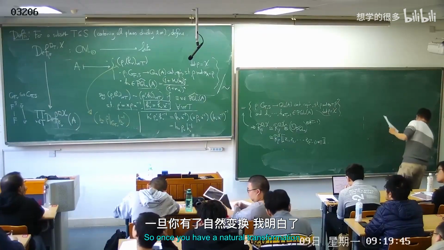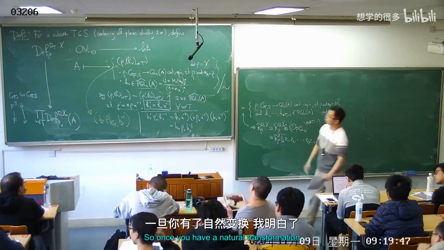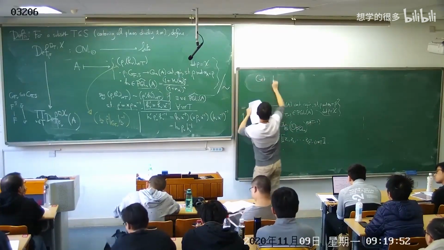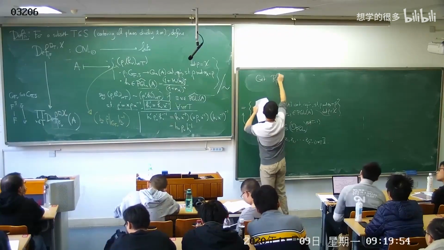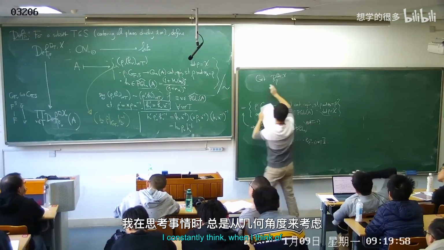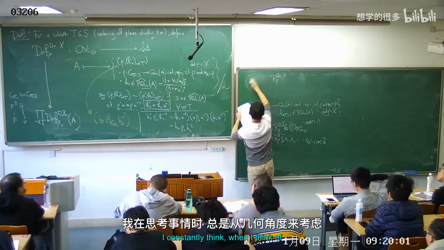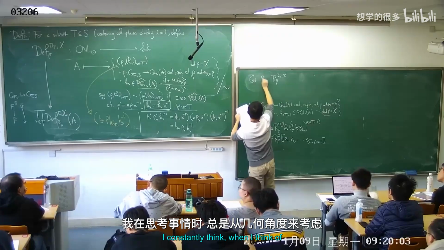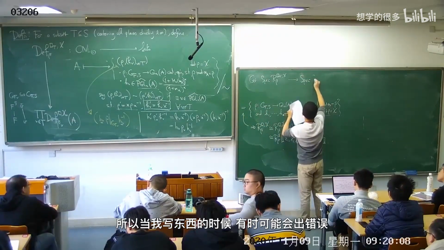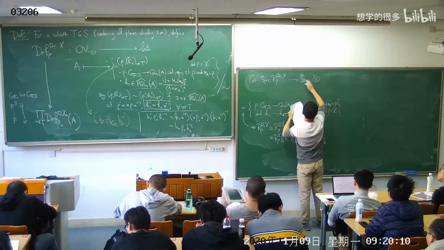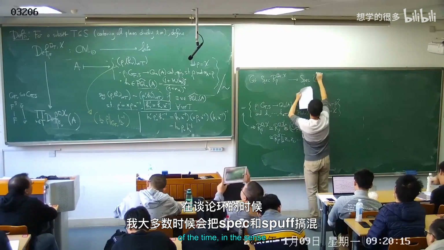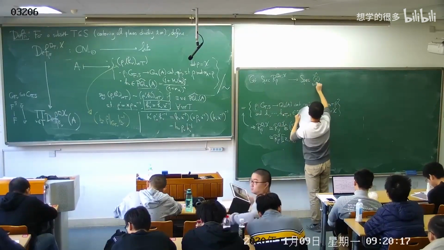So once you have a natural transformation of functors, then I get, sorry. When I think of things, I always think of them geometrically. So when I write things, I might sometimes get things wrong. I'll be confusing Spec and Spf most of the time, in the sense that we're talking about rings.